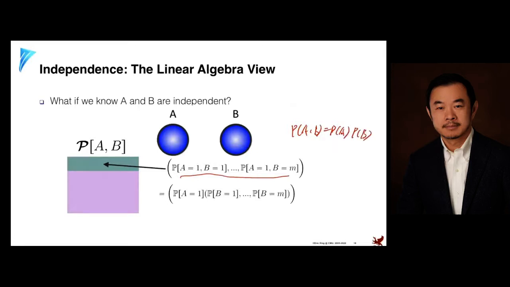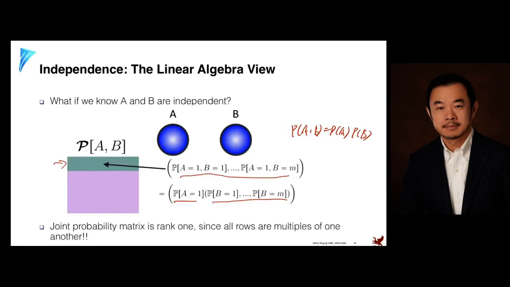Therefore, a row in here corresponds to A equal to one of the values and B taking all other values. All other rows will pretty much be this part times another value, maybe A equals M, for example. So in this case, the matrix has a very explicit property: its rank equals 1.